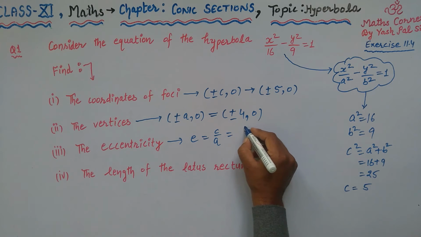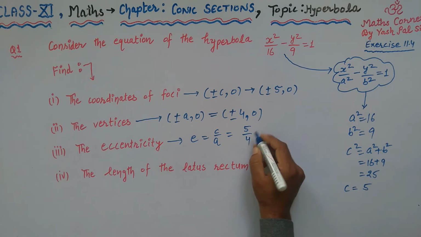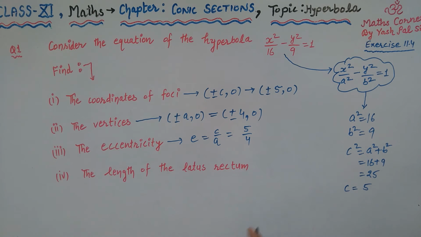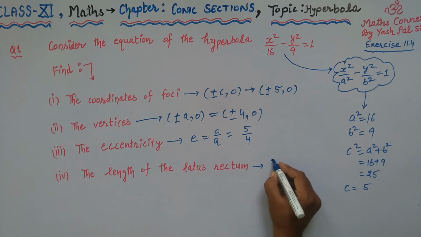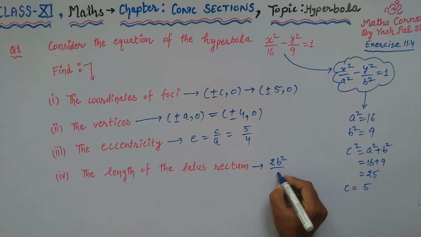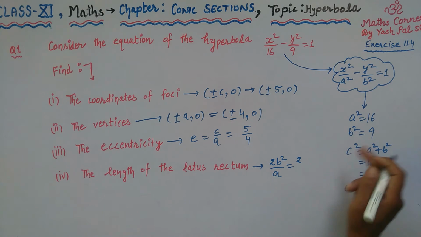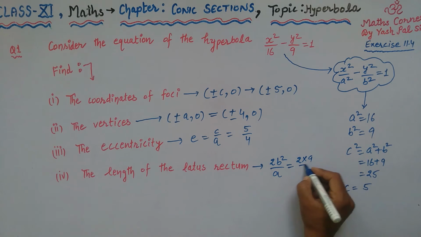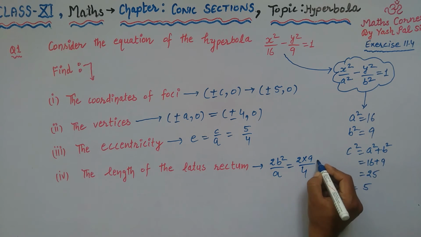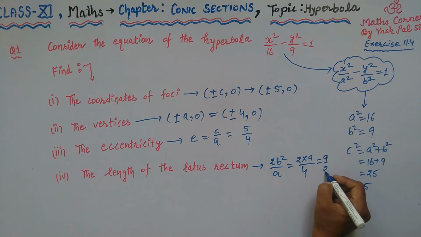This is 5. What is a? This is 4. 5 upon 4, greater than 1. Fourth one is the length of latus rectum. So length of latus rectum will be 2b square upon a. That is 2 into what is b square? 9 upon a. a is 4. So 9 upon 2 is the length of latus rectum.